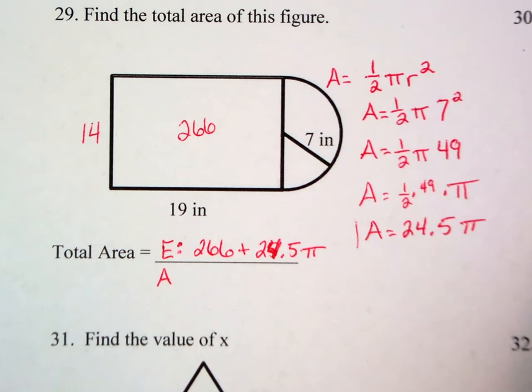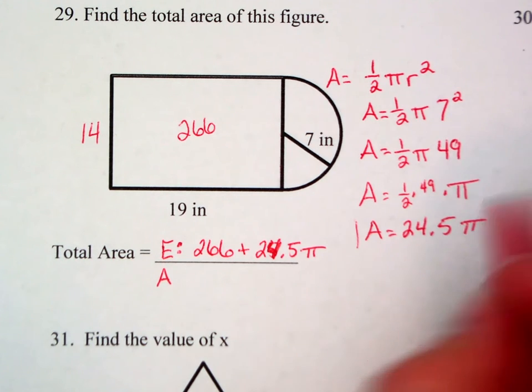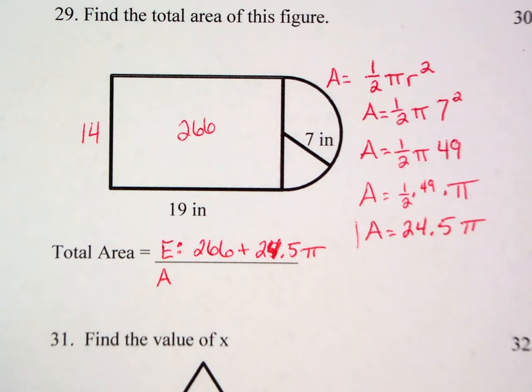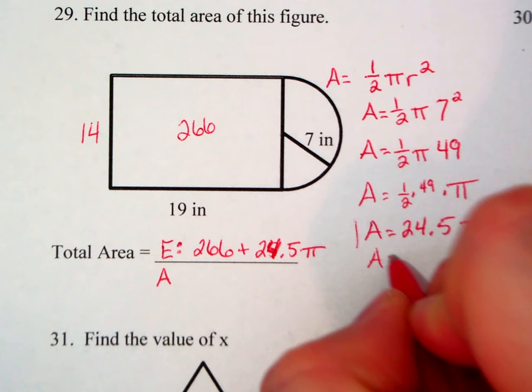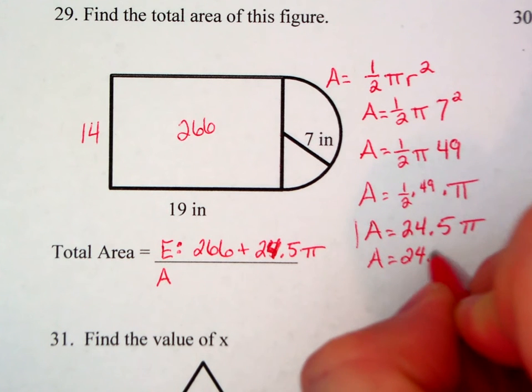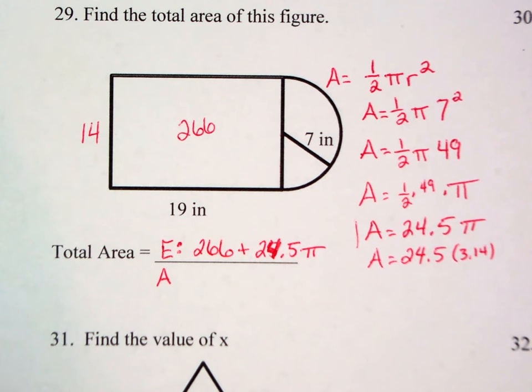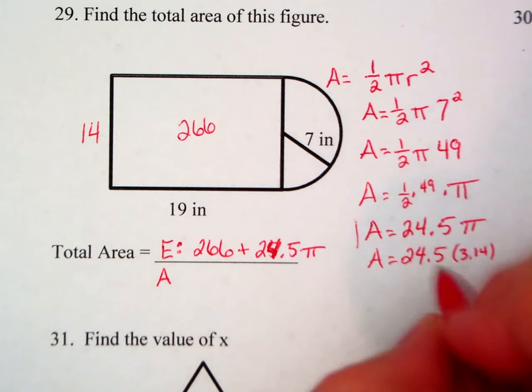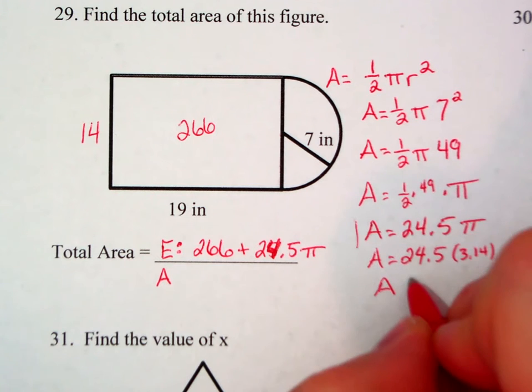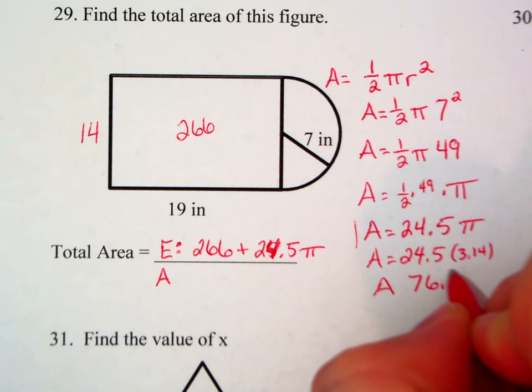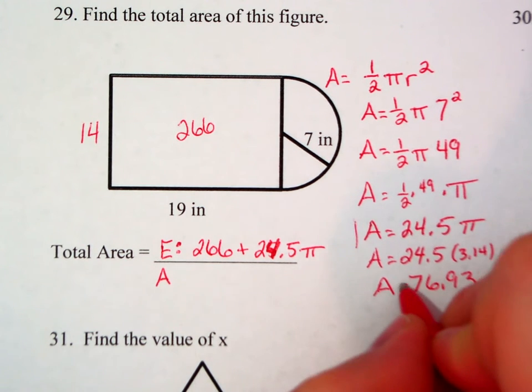And then if I wanted to find an approximate solution, I could figure out an approximate value of 24.5 pi by saying my area is then 24.5 times 3.14. So the area of that semicircle would be 76.93 approximately.